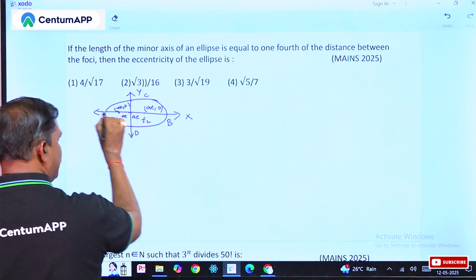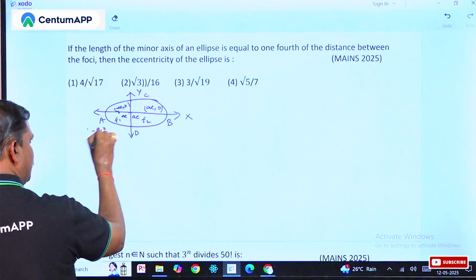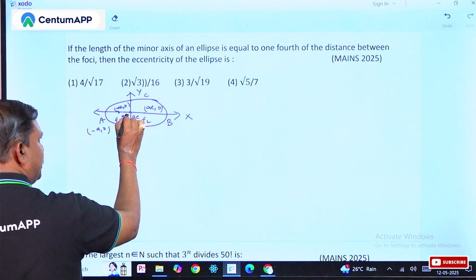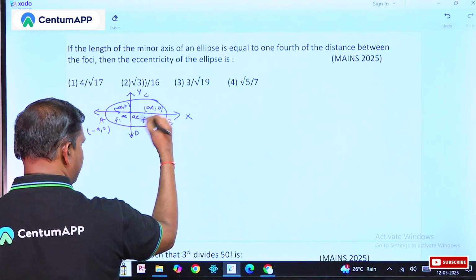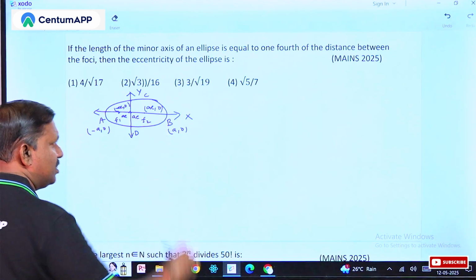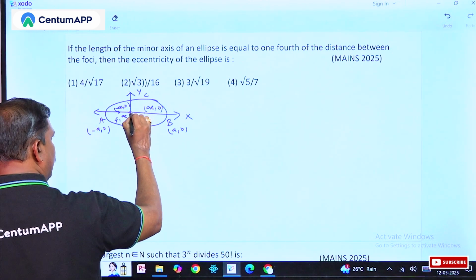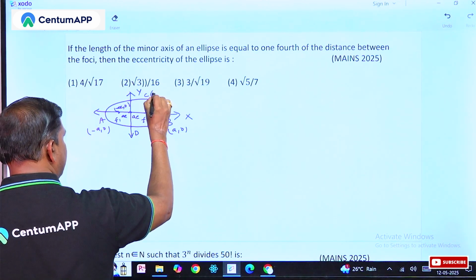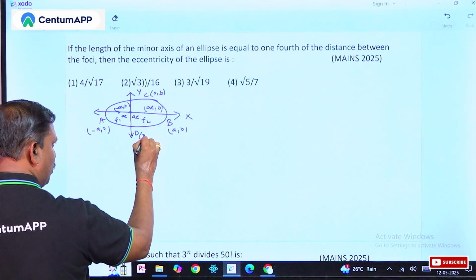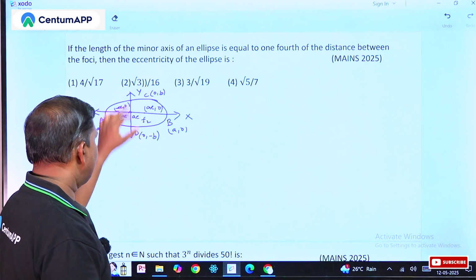Similarly major axis points are (minus A, 0) and (A, 0), from center distance is A, so major axis length is 2A. Minor axis, from center distance is B, that's why (0, B) and (0, minus B). Now minor axis length will be 2B.